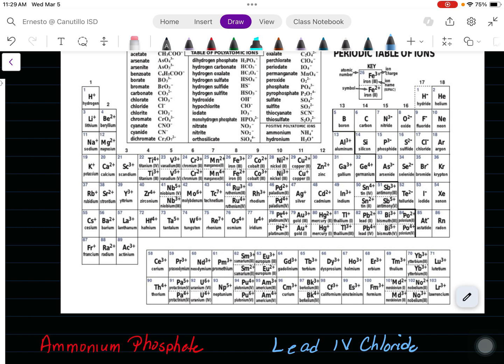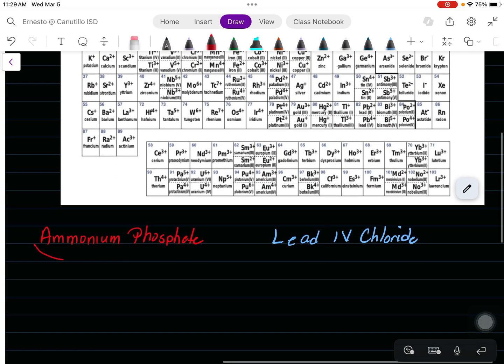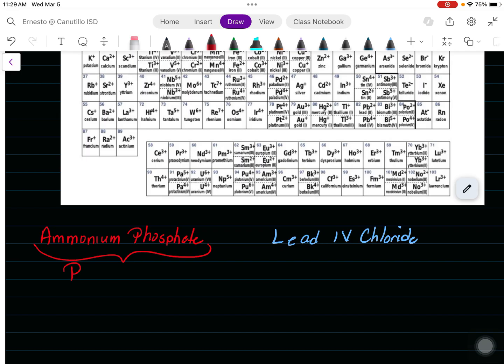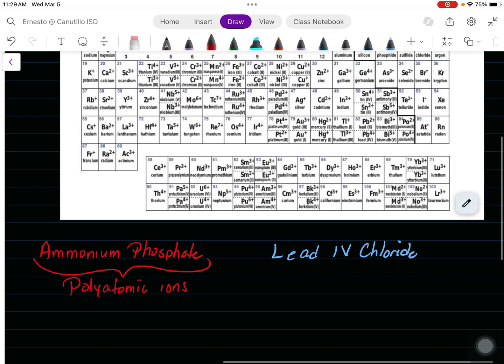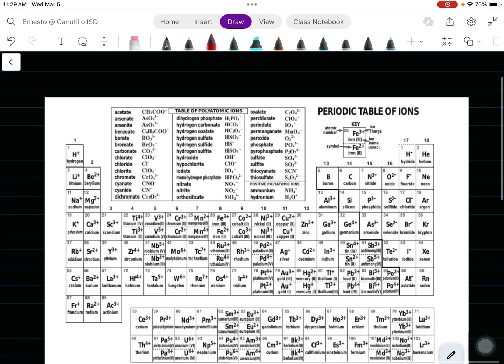The first one is ammonium phosphate. I know because I've studied my ions that both ammonium and phosphate are polyatomic ions. Sorry, I got a little tongue-tied there. Because these are polyatomic ions, I'm going to look on the table that says polyatomic ions.